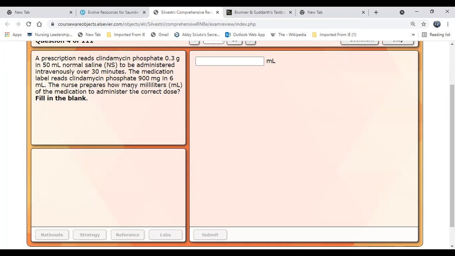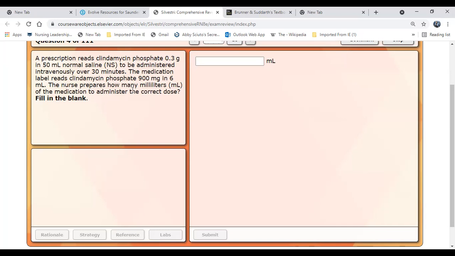So first thing we've got to do is either convert the 0.3 grams or convert the 900 milligrams. Usually you have to convert your doctor's order because you can't convert what's on hand. But since we're doing math, if it's easier for you to convert it one way or the other, there's no really right or wrong way as long as you get the answer right. So if we look at the top, we can convert that grams to milligrams.